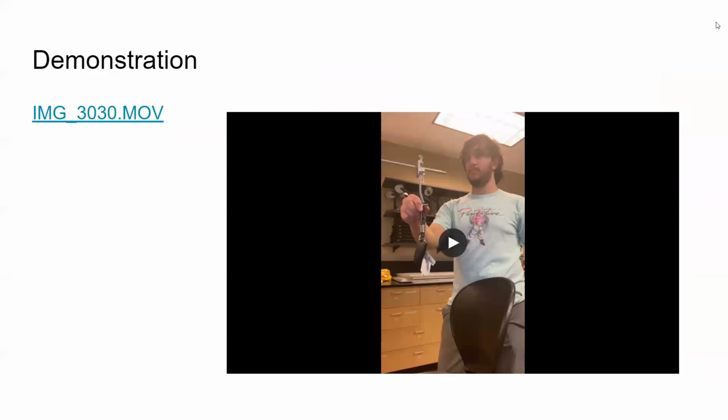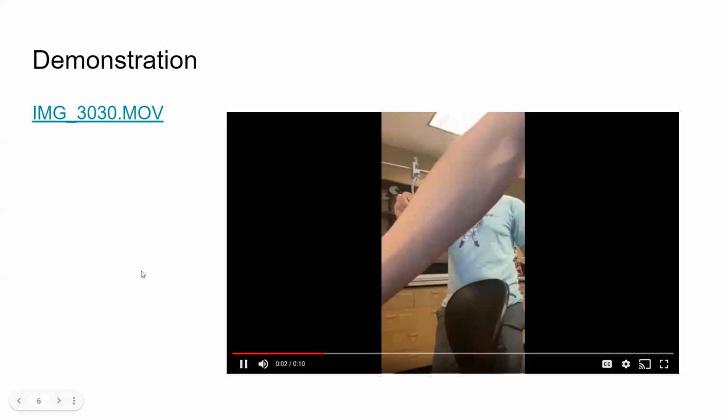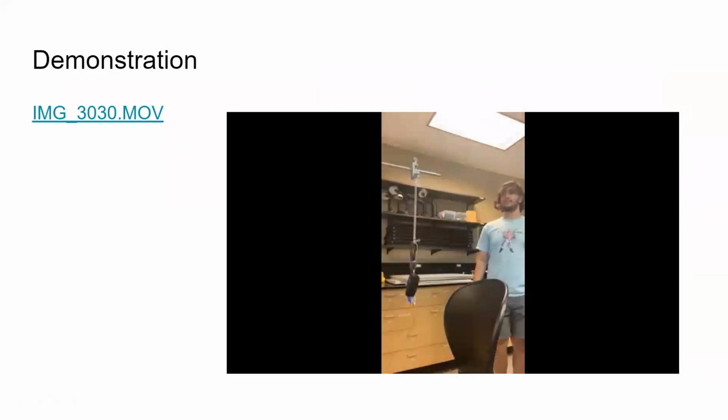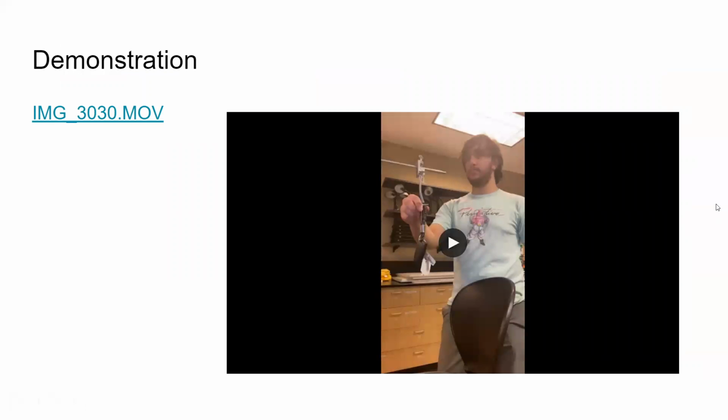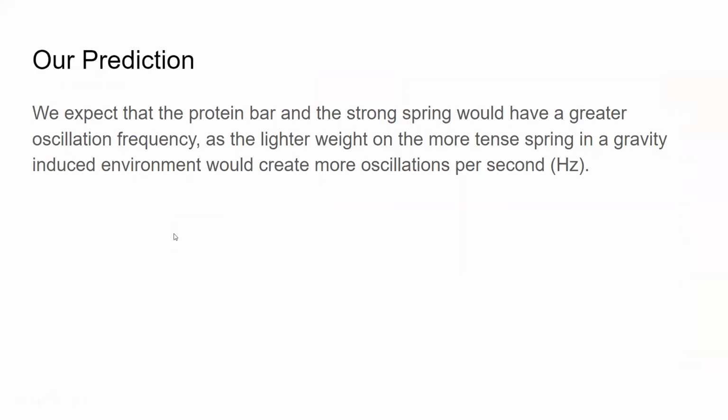This is a demonstration of our experiment. In the video, we can see as the objects are let go, oscillations are created with gravity acting on the object and the spring moving up and down.